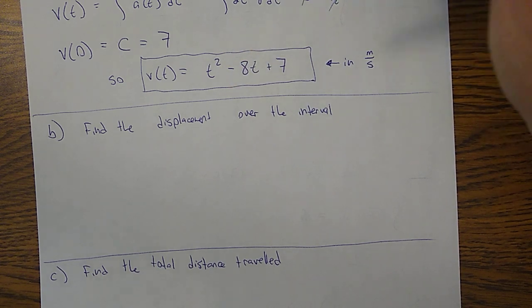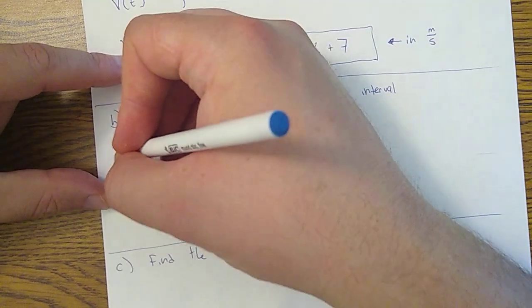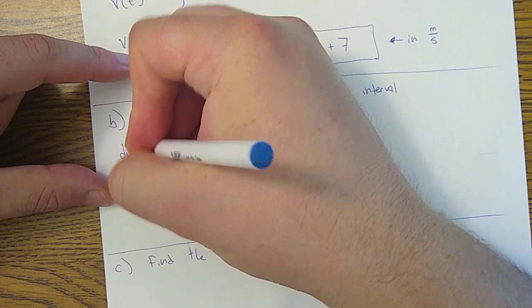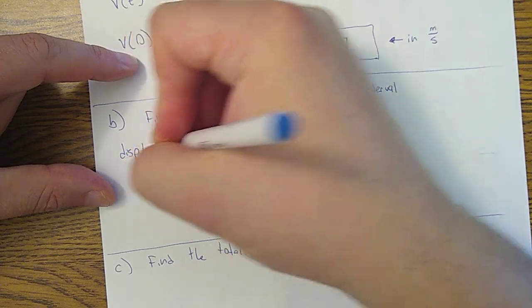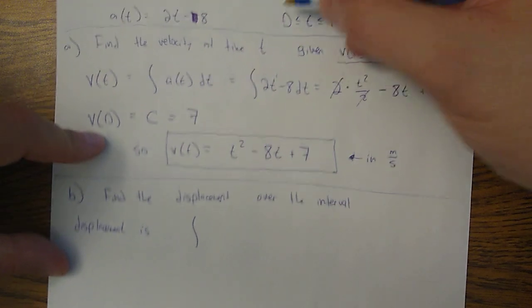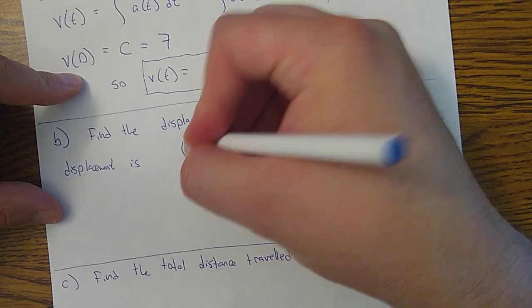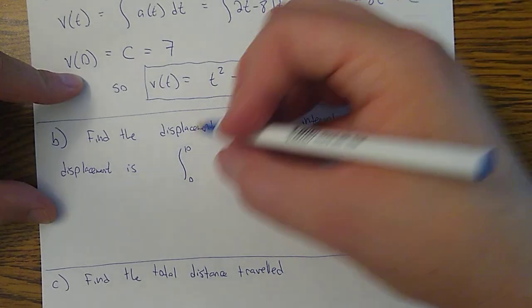So, without making this too complicated, the displacement is just the integral, and this we're told to do from t is 0 to 10. It's the integral of velocity.